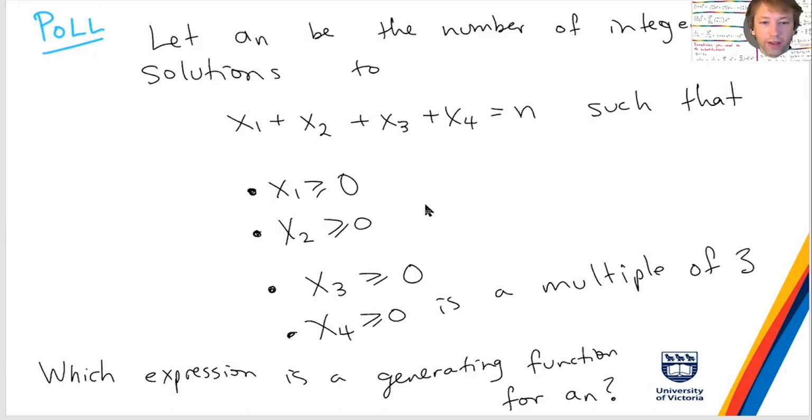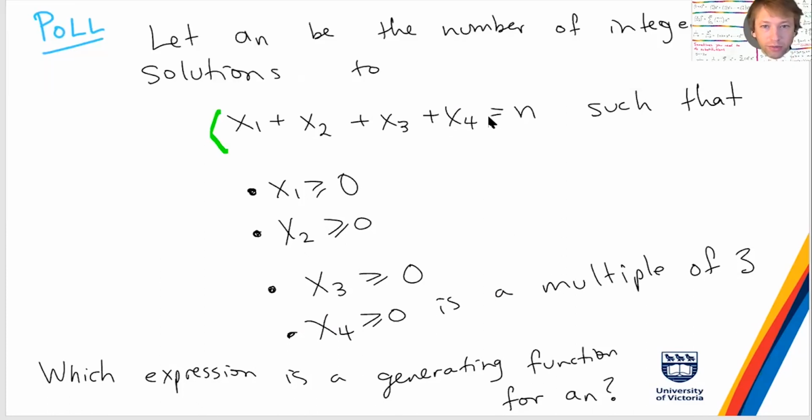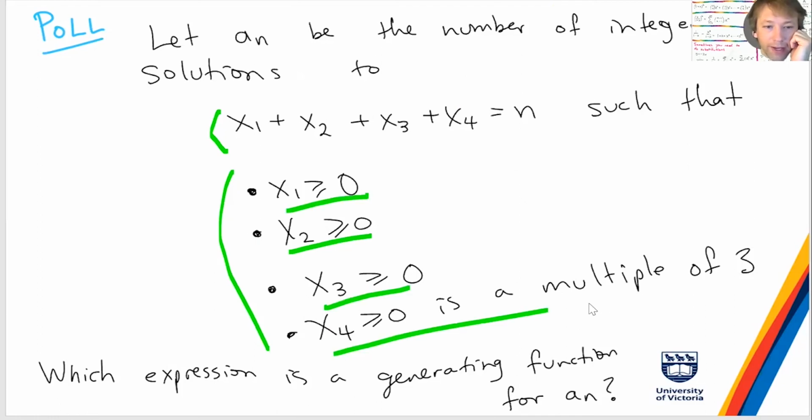So here's one thing. I want to test, can you come up with the generating function? Let a_n be the number of integer solutions to x1 plus x2 plus x3 plus x4 equals n, with the restriction that x1, x2, and x3 are at least 0, and x4 is a multiple of 3.